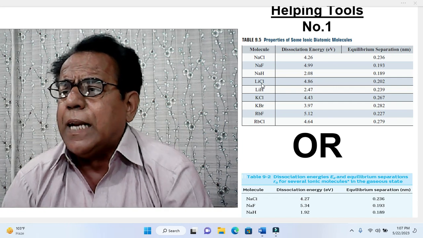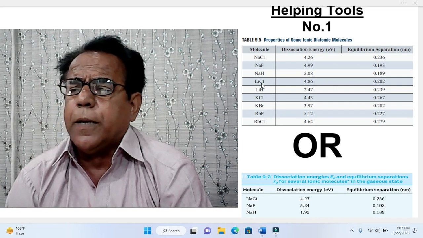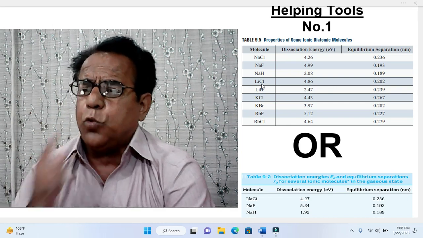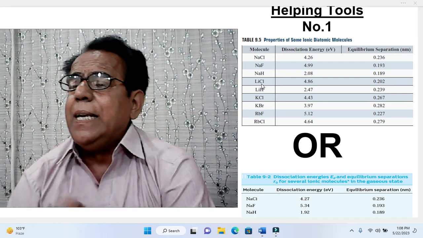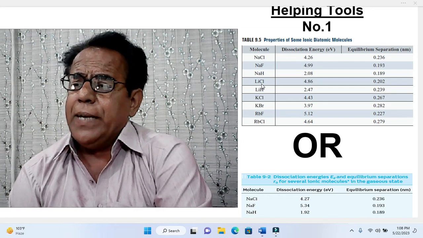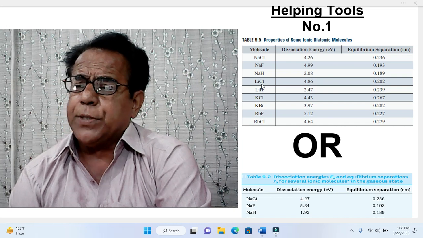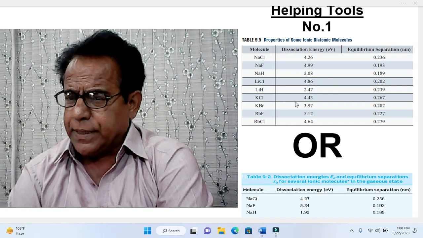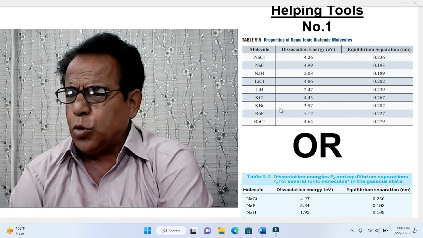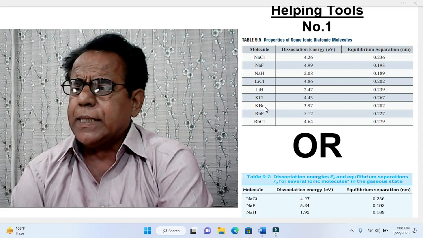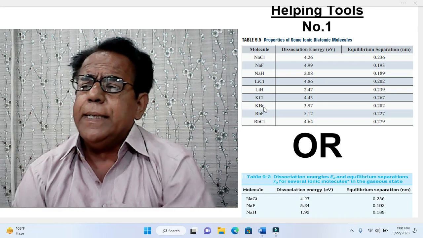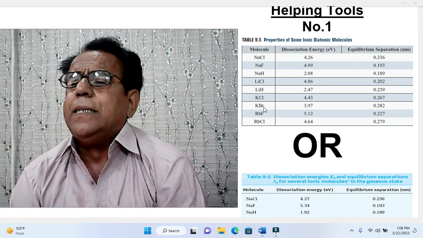Dissociation energy is given for potassium bromide as 3.97 electron volt, while its equilibrium separation is given as 0.282 nanometer. So row number 7, in which potassium bromide is given, is our relevant row.